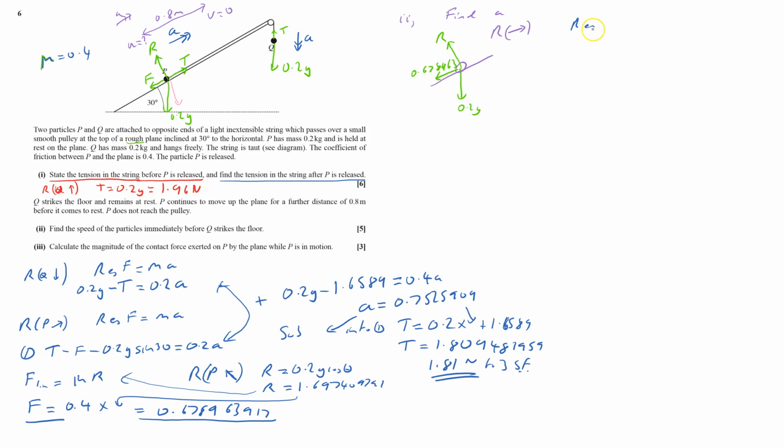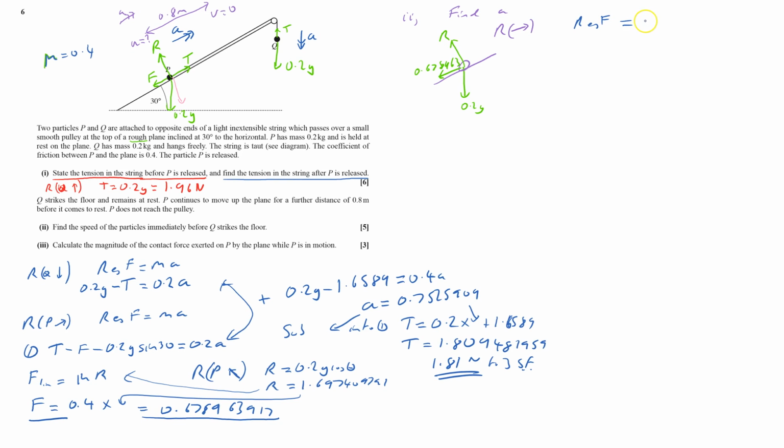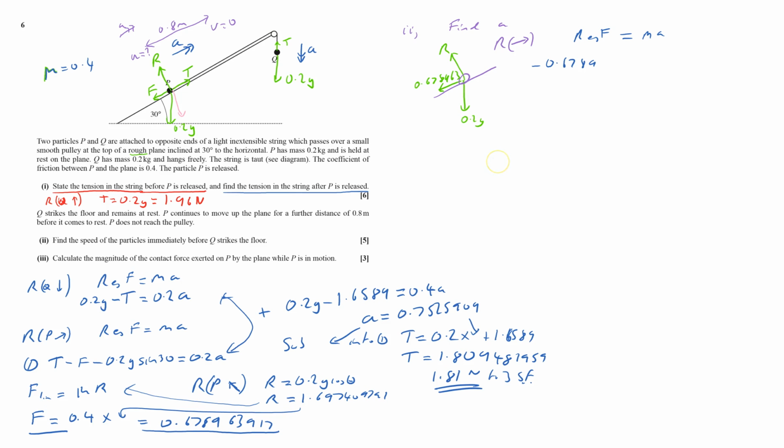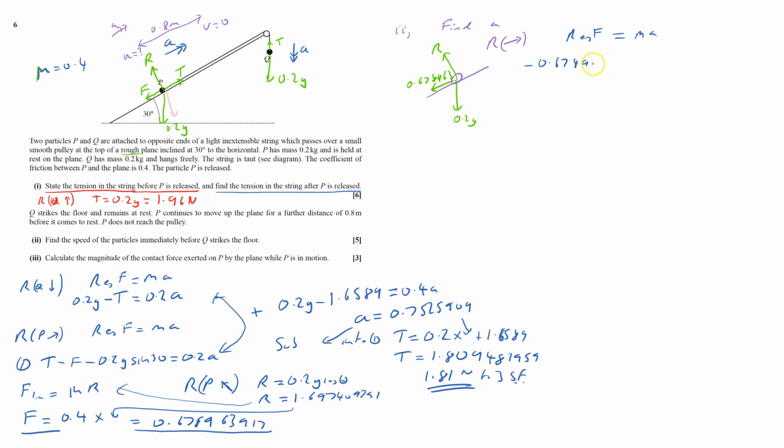Now I can find out what the new acceleration is. Resultant force equals mass times acceleration. I've got nothing going up the slope, so I've got minus F, minus 0.6789, minus 0.2g sine 30, and that will equal our mass 0.2 times the acceleration, which I'm trying to find.